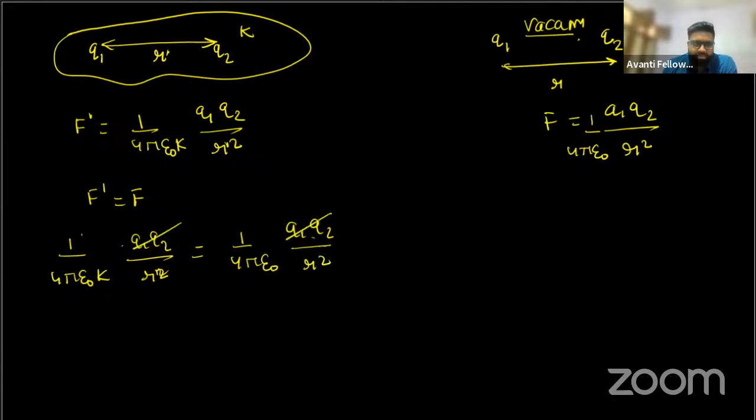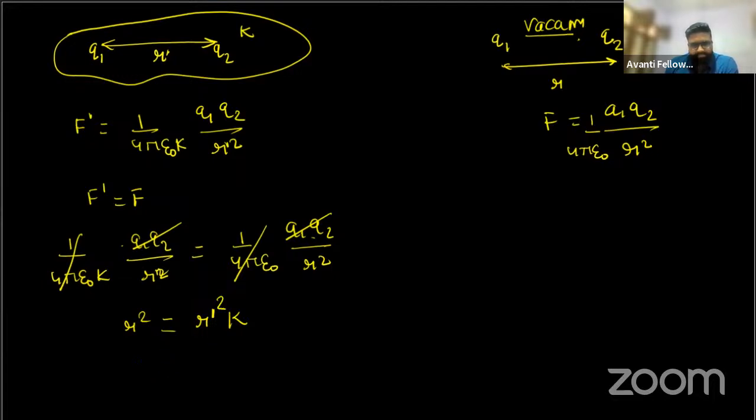Q1 Q2 cancel out, 1 upon 4 pi epsilon naught cancels out. So we will have R square equals R dash square into k, okay?